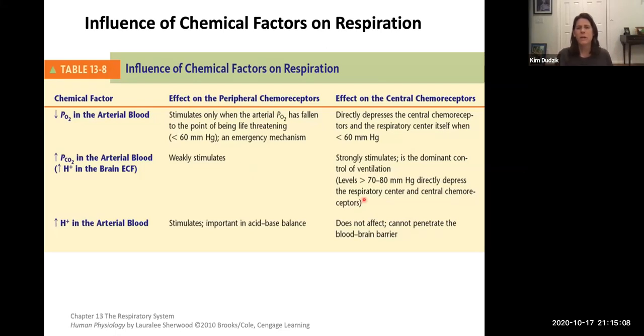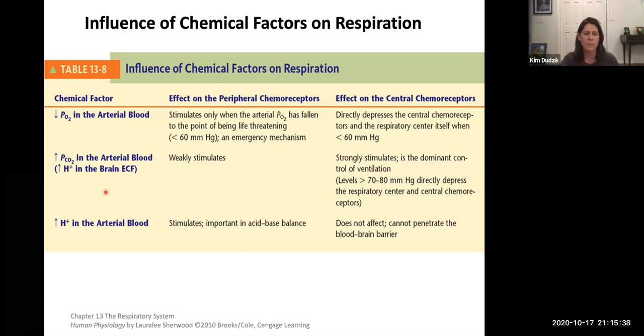But in the brain, in the central chemoreceptors, that can be a dangerous situation, because too much CO2 can change the pH too quickly. So if the amount of hydrogen goes up, remember that means the pH goes down. That means it's more acidic, right? And so that could do damage to the brain really quickly. So we stimulate the respiratory center right away to help deal with that situation.